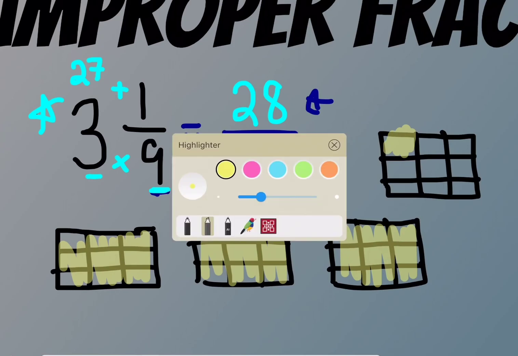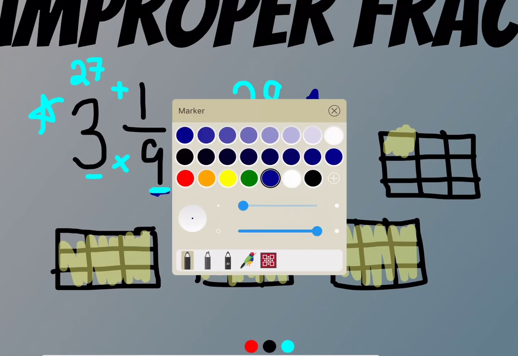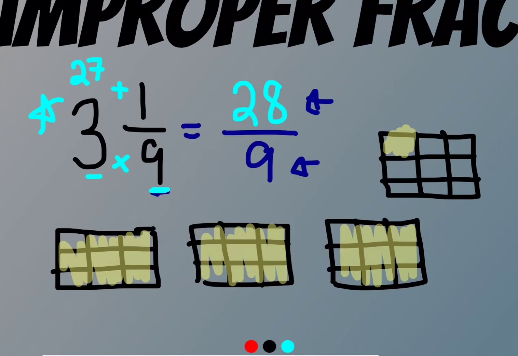Now, to come up with my answer, I go back to my pen. I know my answer is going to be in 9ths because they are all broken up into 9 sections.